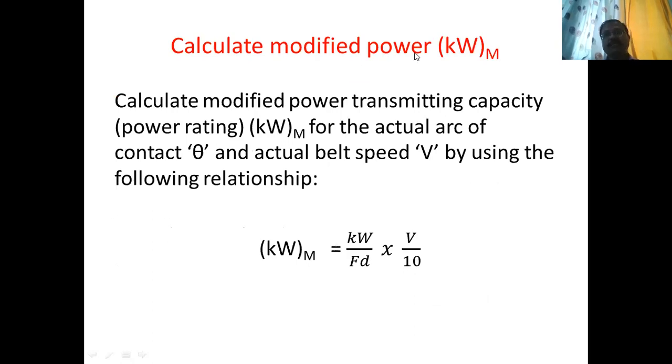Why is it necessary to calculate the modified power or the modified power rating? Because whatever power rating we have selected from the manufacturer's catalog was based on 180 degree angle of contact, and in our case it may not be 180 degree angle of contact.